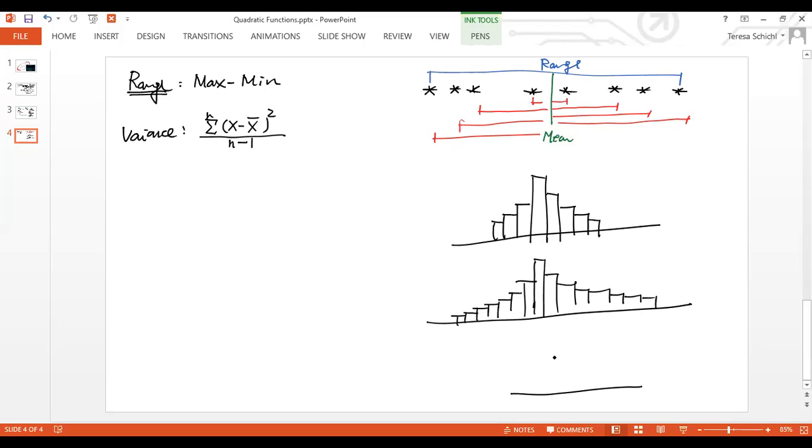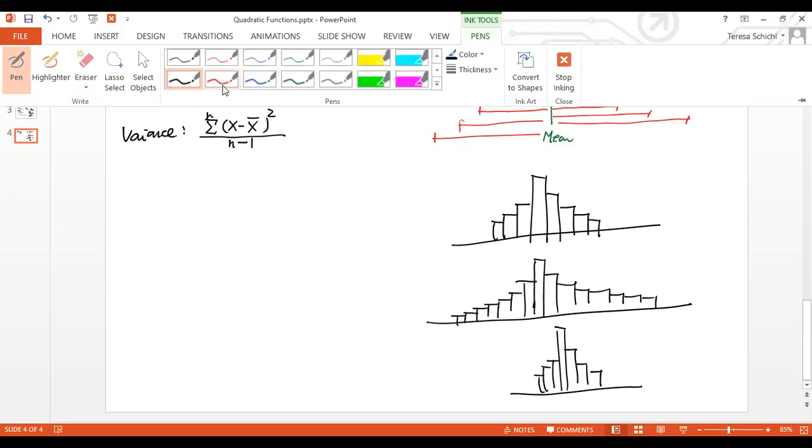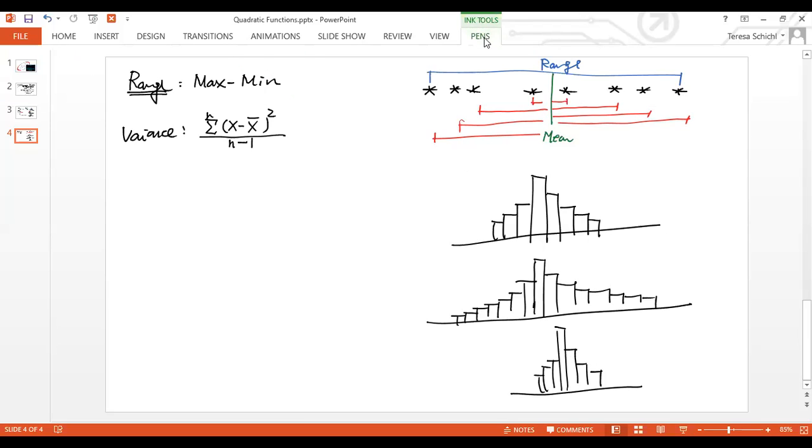Then I have a third one here. We just need to understand the meaning. For all these three distributions, you will see they have the same mean. Their mean is all here.